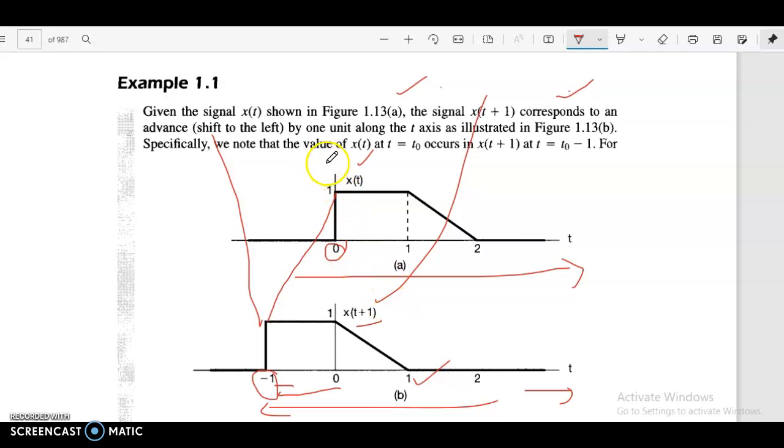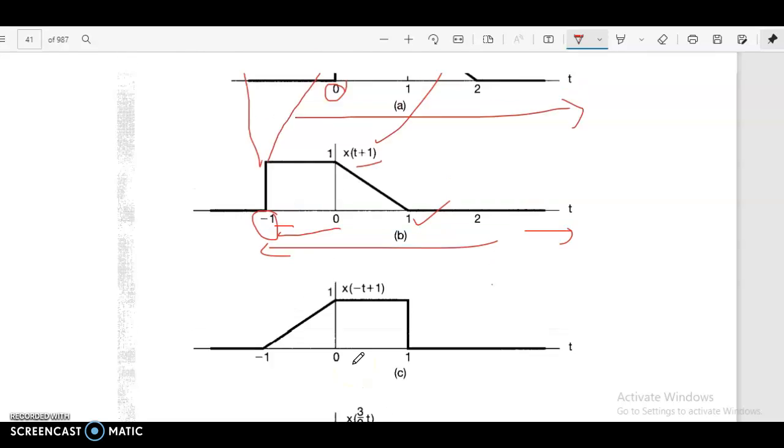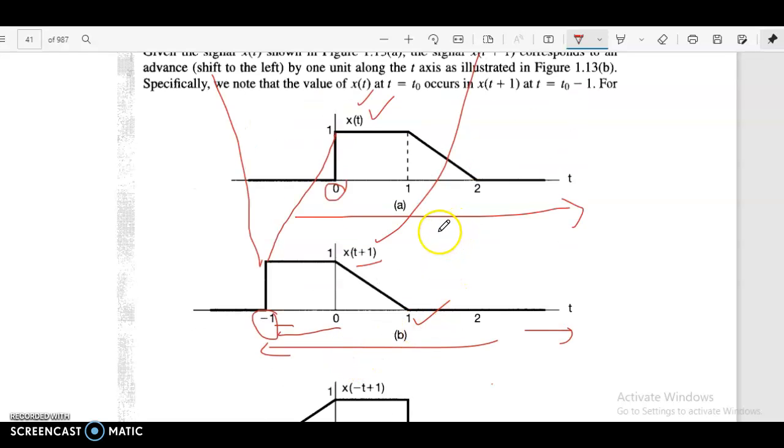Specifically, we note that the value of x of t at t equal to t0 occurs in x of t plus 1.